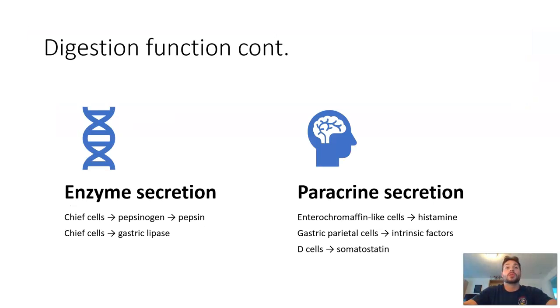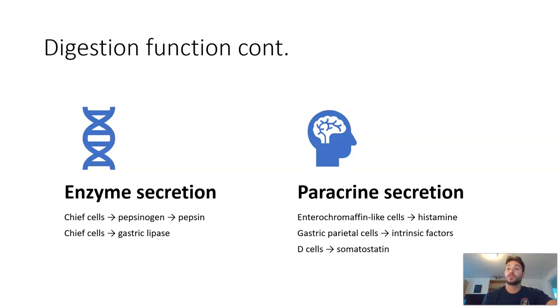If we continue on, we have more digestion that occurs, and we'll first talk about enzyme secretion. With enzyme secretion, we have two enzymes that are secreted here in the stomach, and that is pepsin and gastric lipase. Both are secreted by chief cells, but with pepsin, we see chief cells secrete pepsinogen, and then once this pepsinogen has reached the stomach lumen, it becomes active and becomes pepsin.